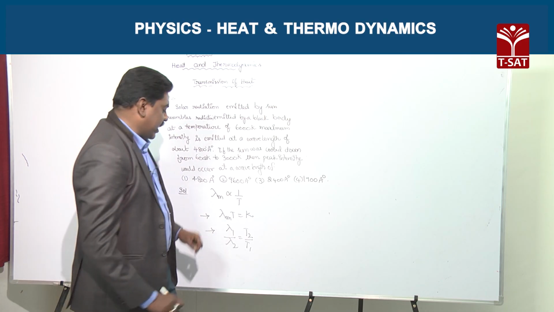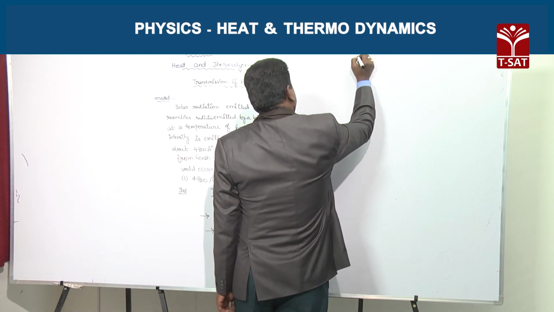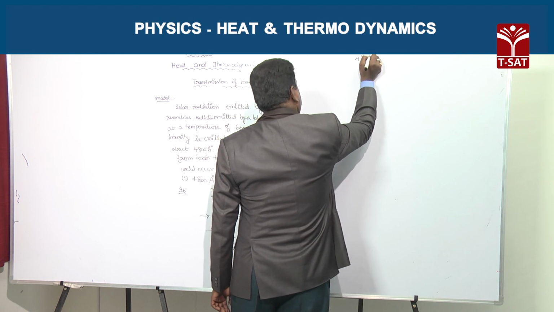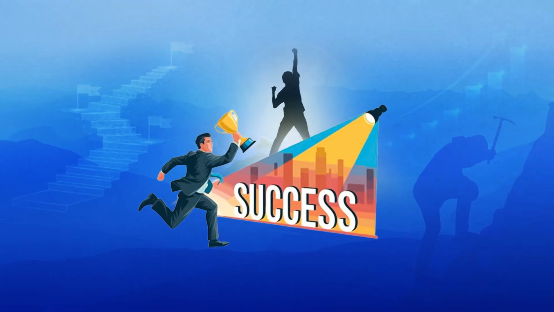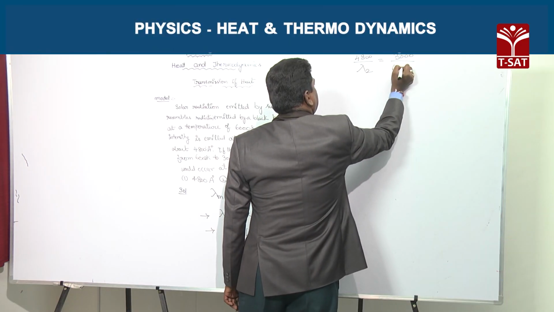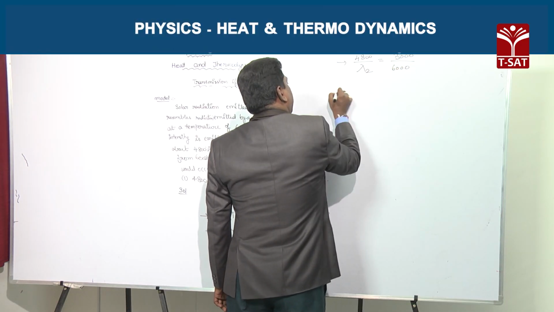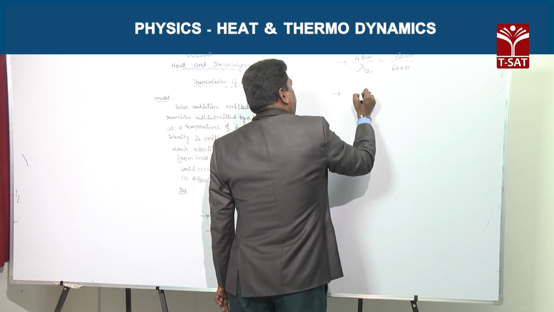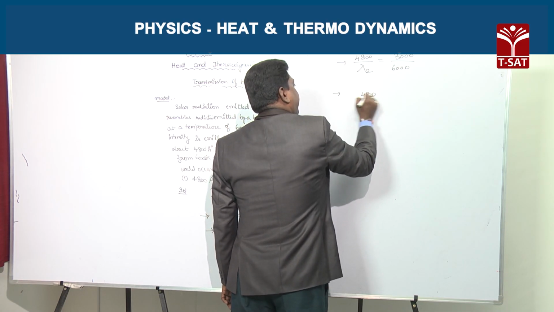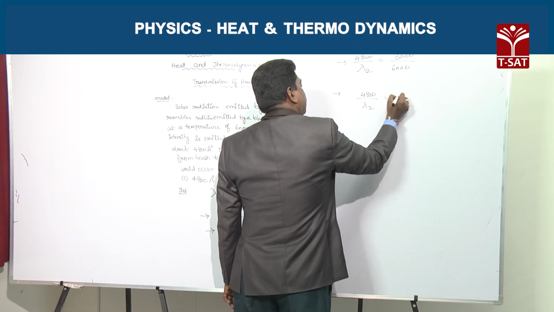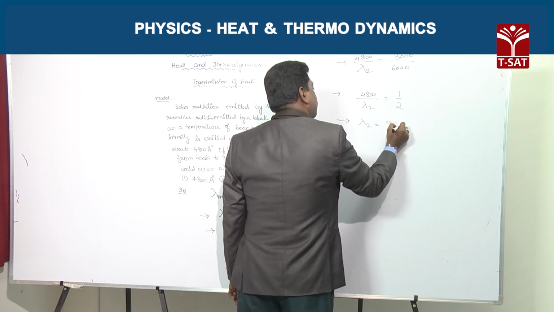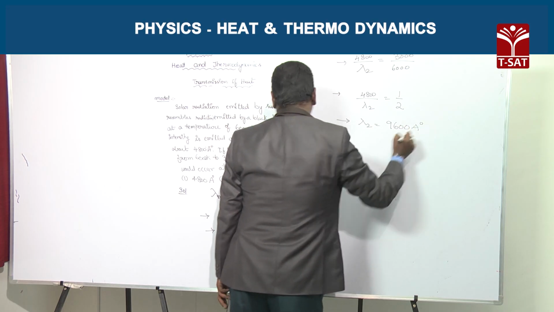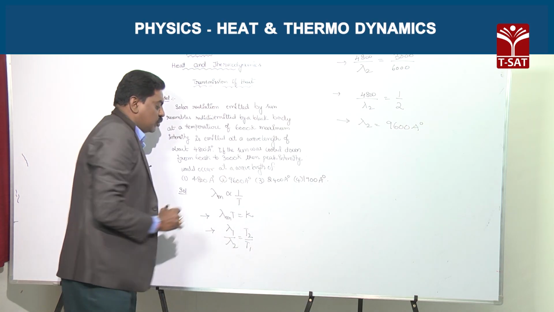By substituting, 4800 by lambda 2 is equal to 3000 by 6000. This implies 4800 by lambda 2 is equal to 1 by 2 and lambda 2 is 9600 angstroms, which is your option number 2.